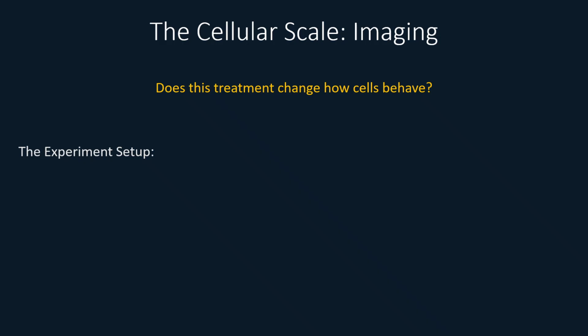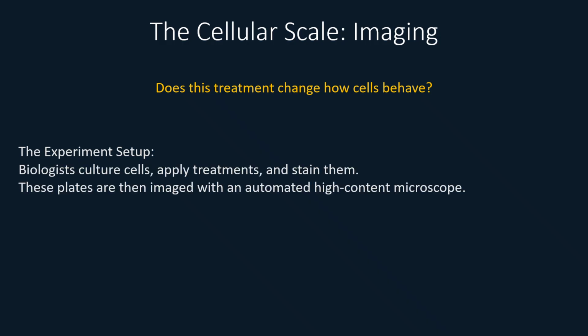For example, nucleus with DAPI, cytoplasm, organelles, and image the plates using automated high-content microscopes. That process generates tens of thousands of images.